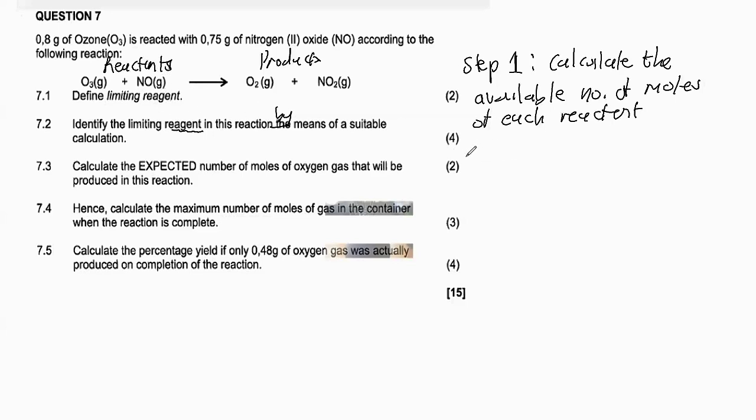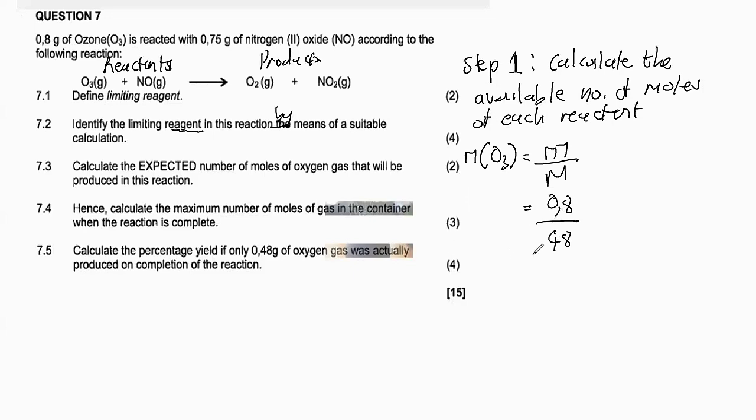So we want to start with ozone. Let's calculate the number of moles of ozone. This will be mass over the molar mass. We are given that the mass of ozone is 0.8. We divide that by the molar mass of O3. The molar mass of oxygen according to our periodic table is 16, but we have 3 atoms of oxygen, so that is 16 multiplied by 3, which gives us 48.